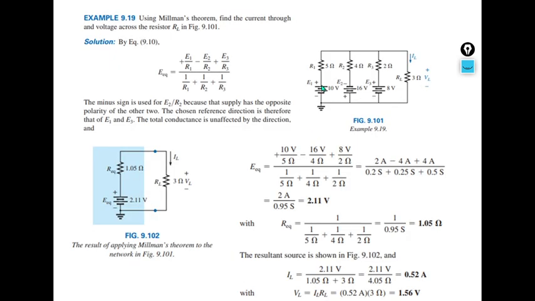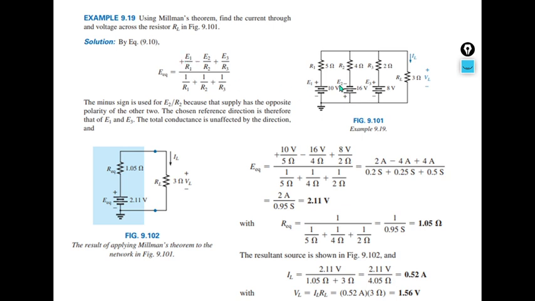Now if we go through the problem, we can see that these two voltage sources have the same polarity, but this one is opposite, so that's why it is taken as minus. Now 1 by R1 means conductance, so we can also take G1. We can write 1 by 5 is equal to G1, so we can write E1 into G1 or E1 by R1.